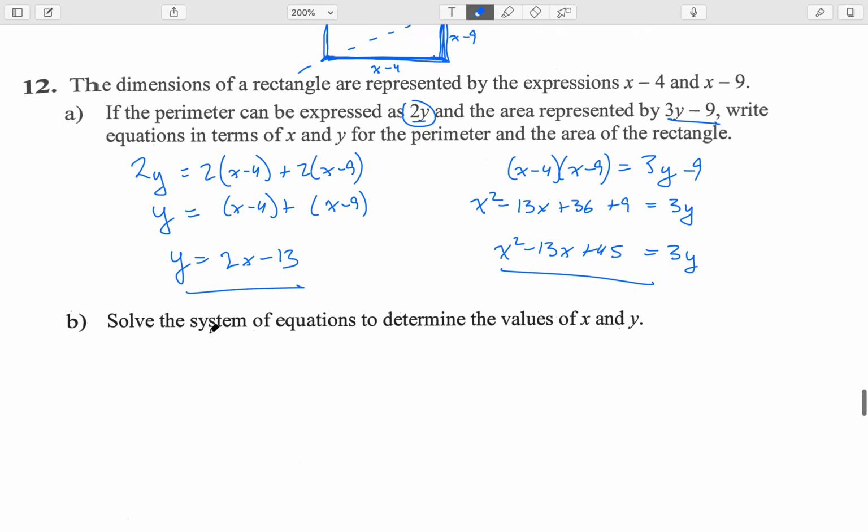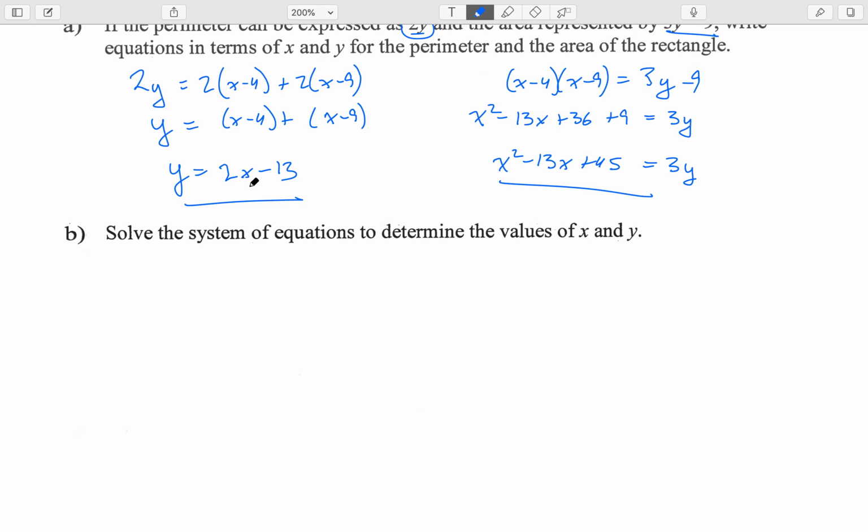Parabola, line. Solve the systems. Okay, let's just do substitution. Probably the easiest way of doing it. y is equal to this. That's all going to get plugged into the y value right there. Okay, so here we go. x squared minus 13x plus 45 is equal to 3 times y. And y is this.